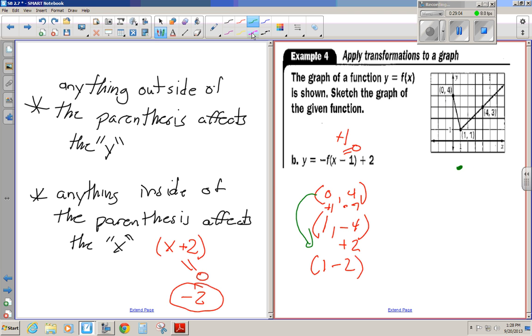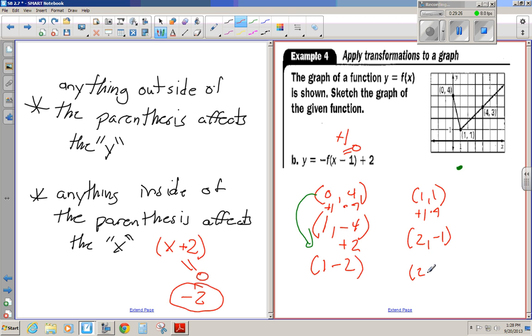So let's take a look at 1, 1. You're going to add 1 to the x, so it's now at 2. And what do we do here? We multiply by negative 1. So now it's 2, negative 1.